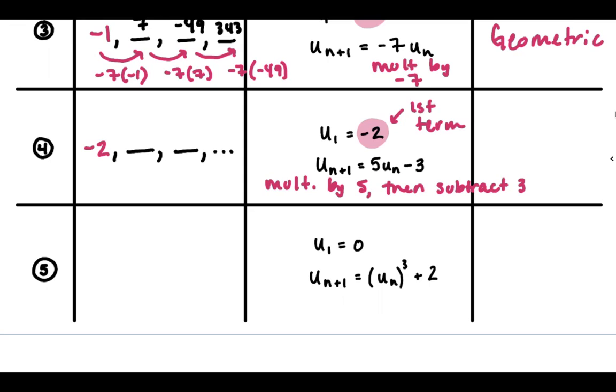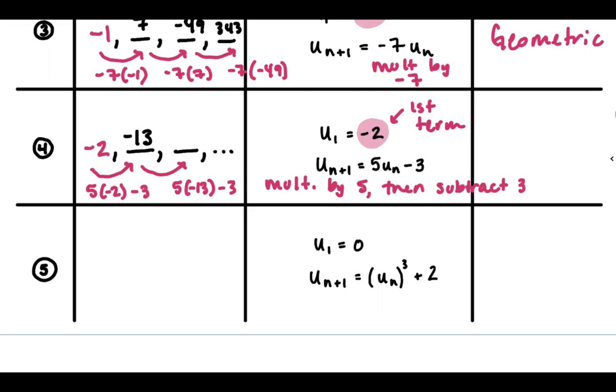Okay, so to get from negative 2 to the next term, I multiply negative 2 by 5, and then I subtract 3. So 5 times negative 2 is negative 10, subtract 3 is negative 13. Now to get the next term, we're going to do that again, except with negative 13. So again, we multiply by 5 and then subtract 3.